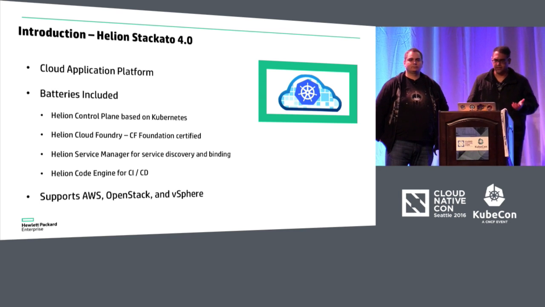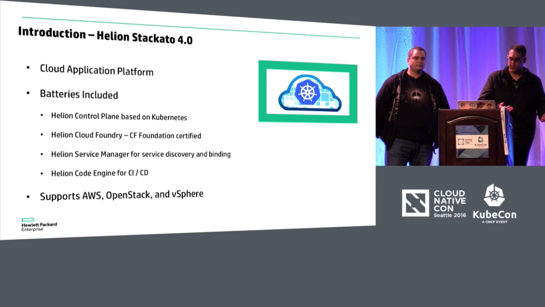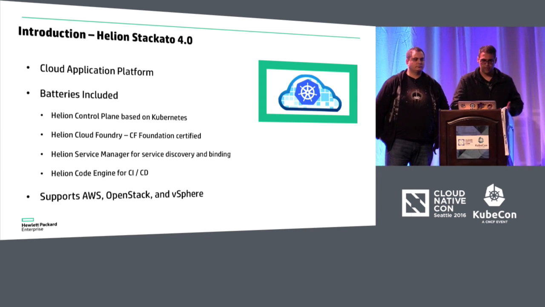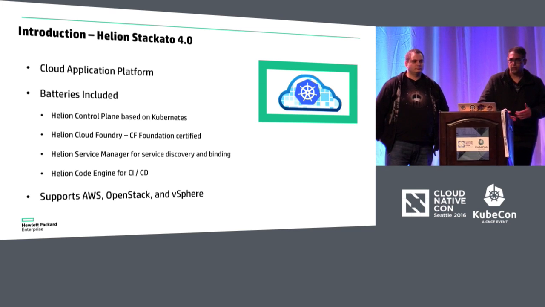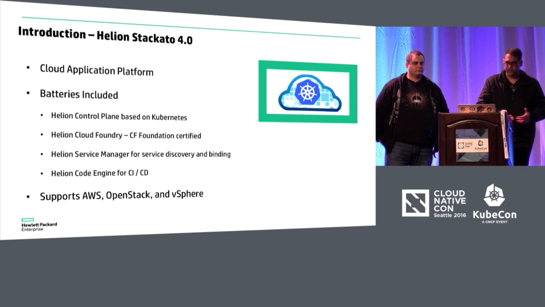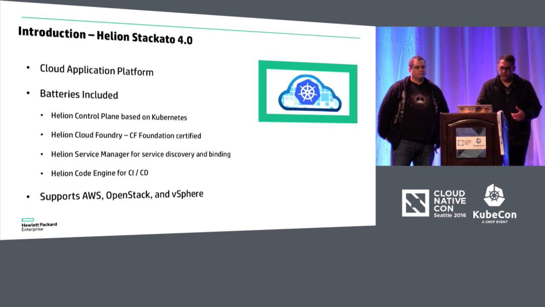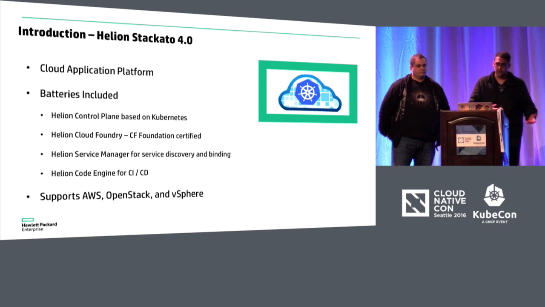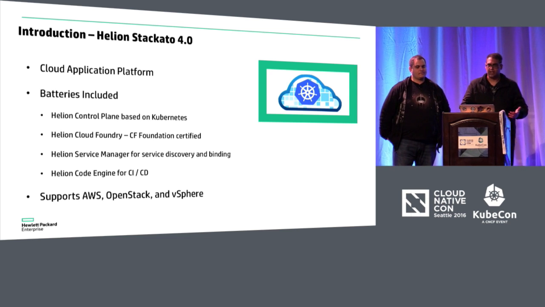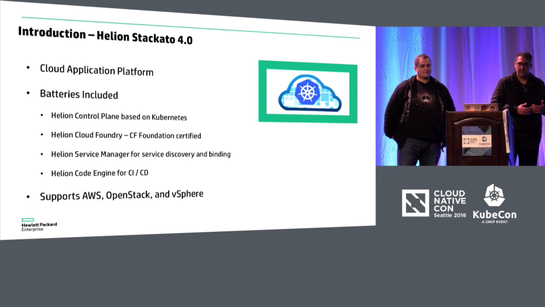As soon as you bootstrap the environment, everything is batteries included. You get a Helion control plane completely based on Kubernetes that you can run applications on. You get a Helion Service Manager, which is the entry point for service discovery, service binding, and comes with a catalog of applications that you can already get ready and deploy.